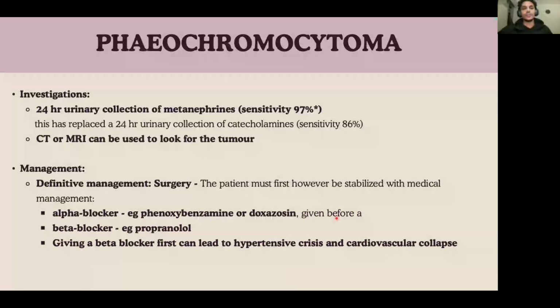And the answer is basically because if you give beta blockers, there's a few reasons. The first one is it prevents vasodilation, and the alpha stimulation is going to cause worse vasoconstriction.